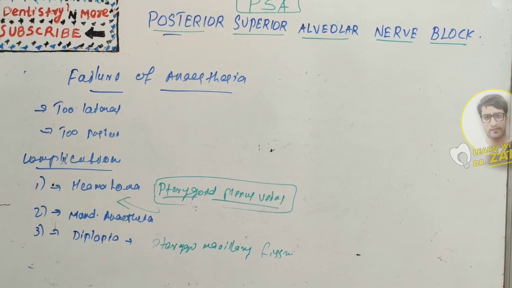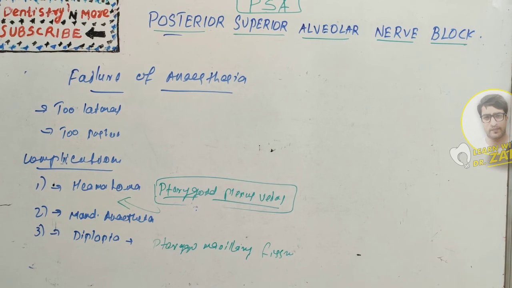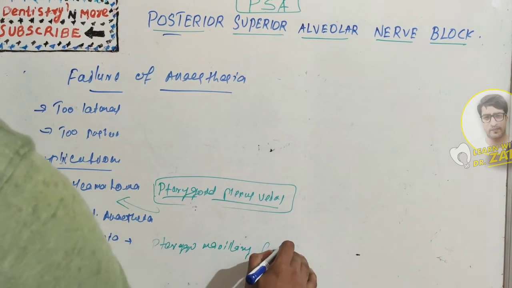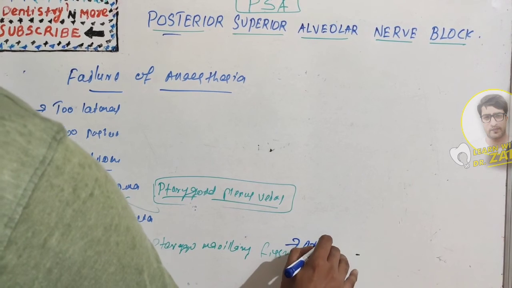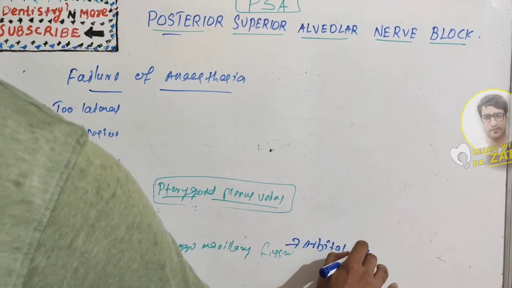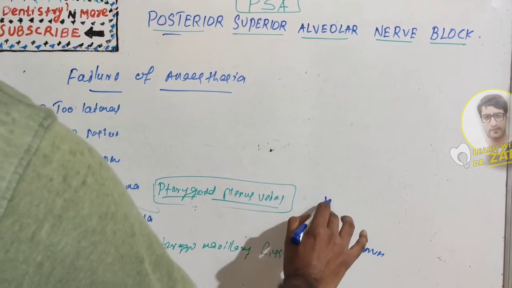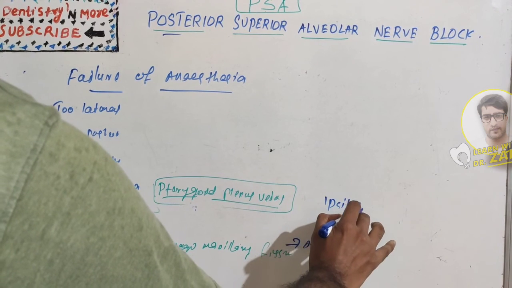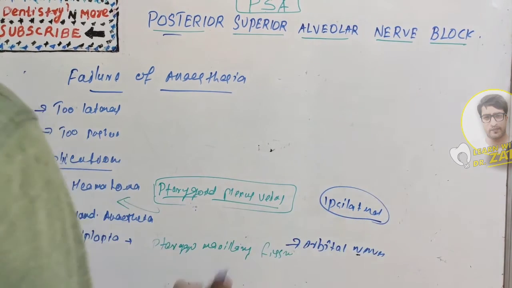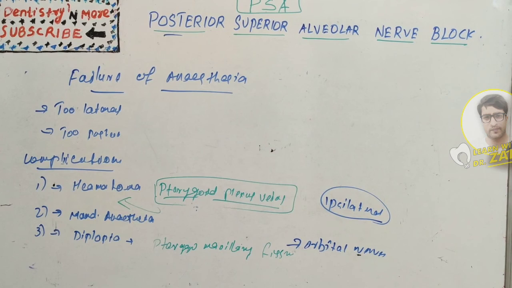Not in all cases, around 30 to 40% of the cases. This is because the local anesthesia diffuses superiorly and medially to anesthetize the orbital nerves. It affects only the ipsilateral side, not bilateral, only on the injection site.